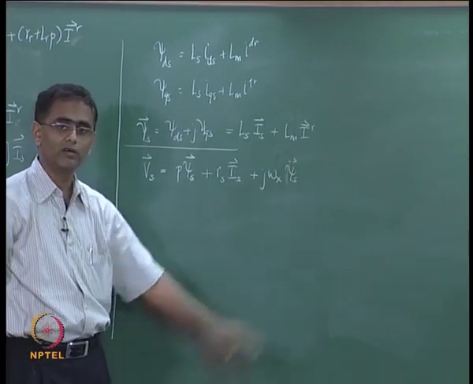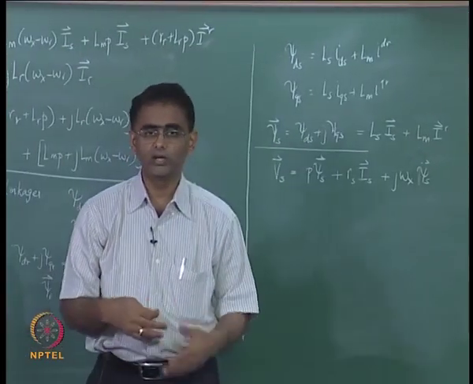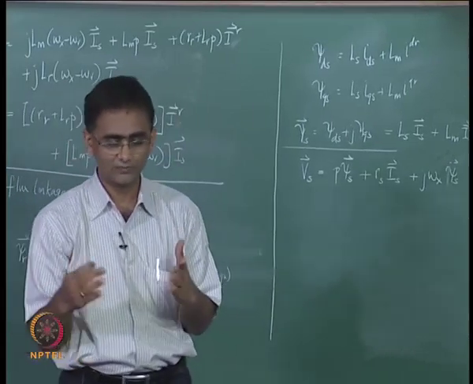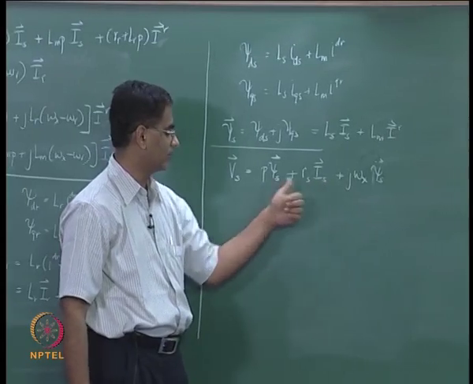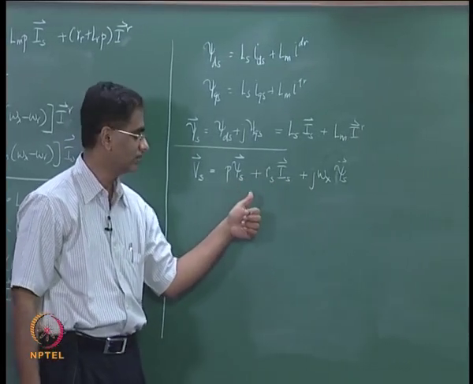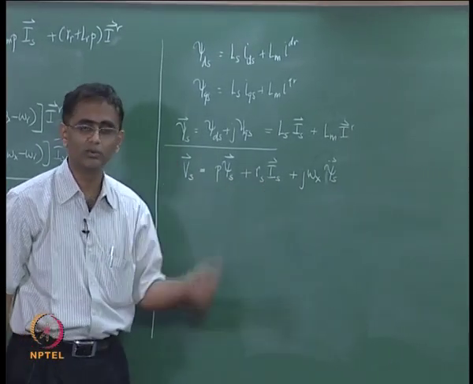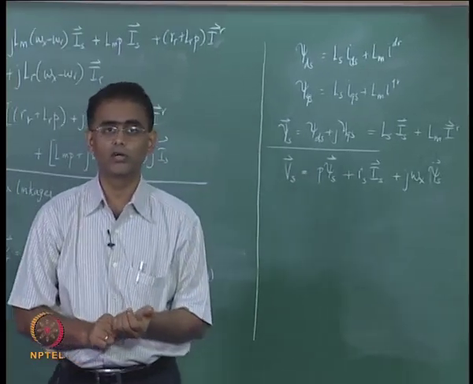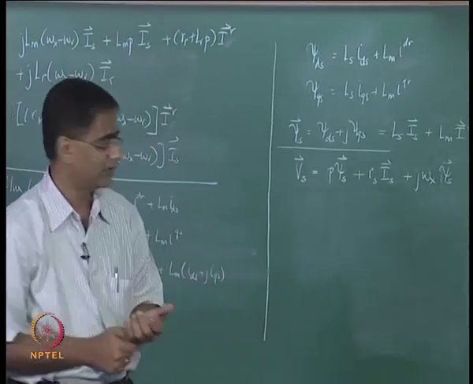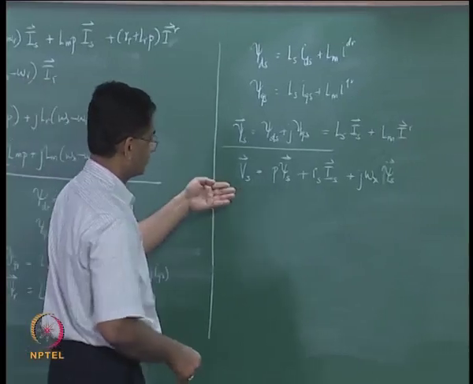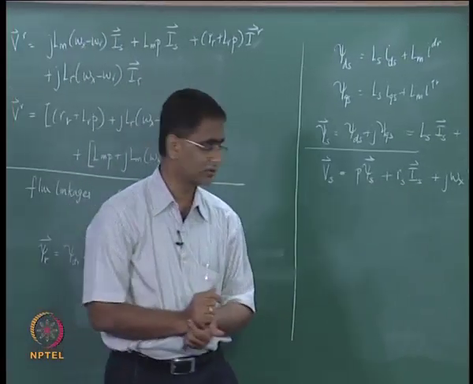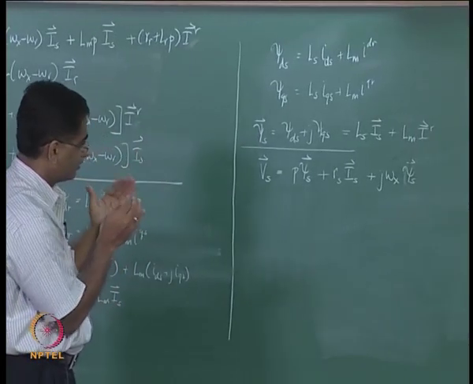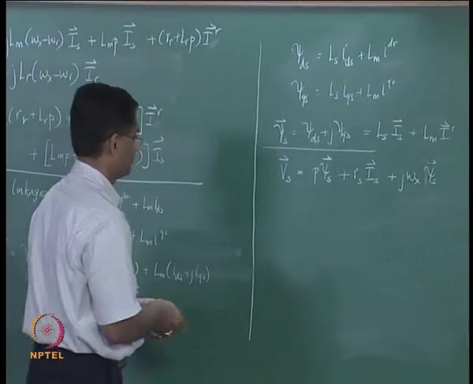Whenever you apply a voltage to an inductance and a resistance, the voltage is nothing but a resistive drop plus the change in the flux linkage. If you remember our first equations that we wrote for a single coil and linear excited machines, this was the form of the expression. So this form is very intuitive to write, and the notation is very concise.